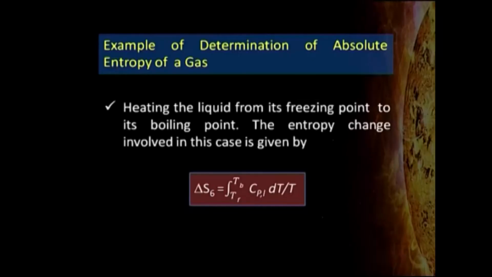Now the liquid will be heated from its freezing point to its boiling point. The entropy change involved in this case is given by delta S6, which is equal to integral of Cpl divided by T dT within the limits Tf to Tb.